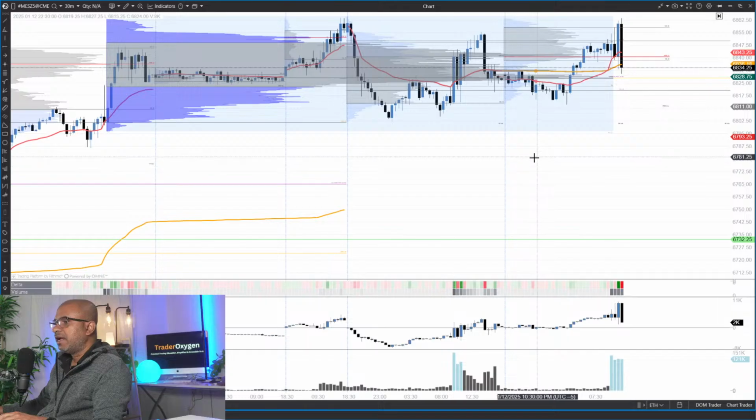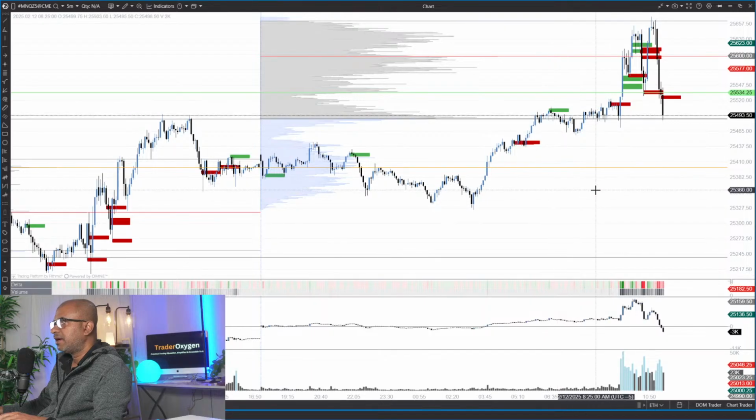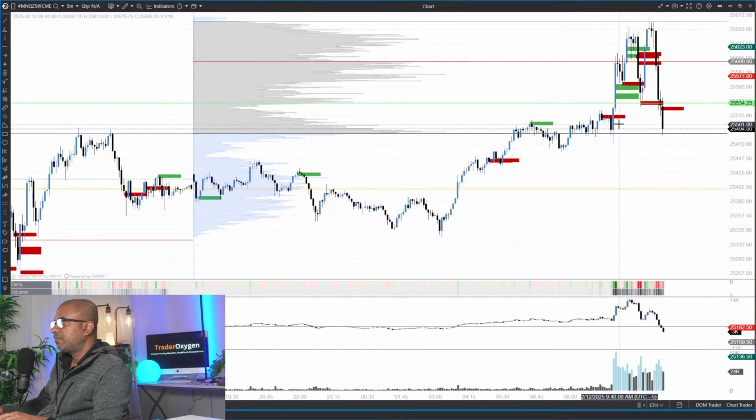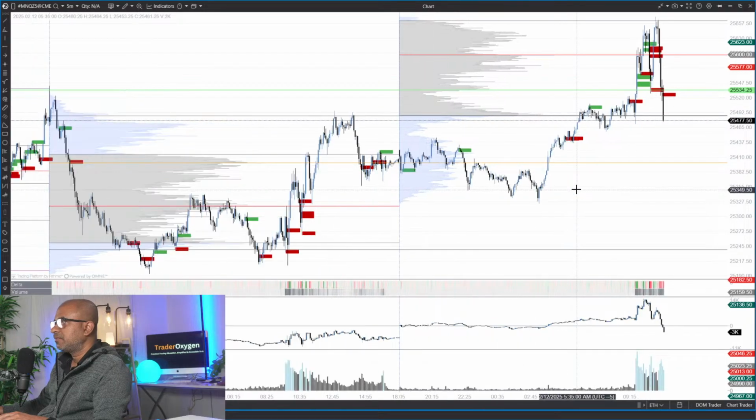We kept that in mind while analyzing the market, and with that idea, we looked into the 5 minutes chart at that time. This is the micro mini Nasdaq index futures 5 minutes chart. You can see at 9:30 AM New York time, the price strongly pushed away from that range, which you can see in the 30 minutes chart over here.